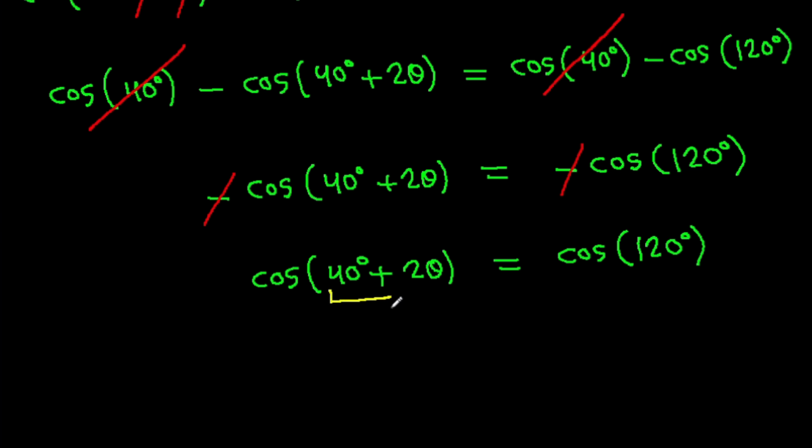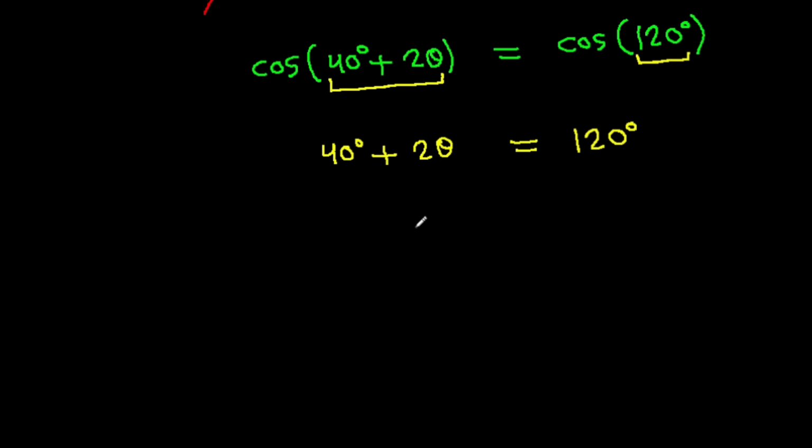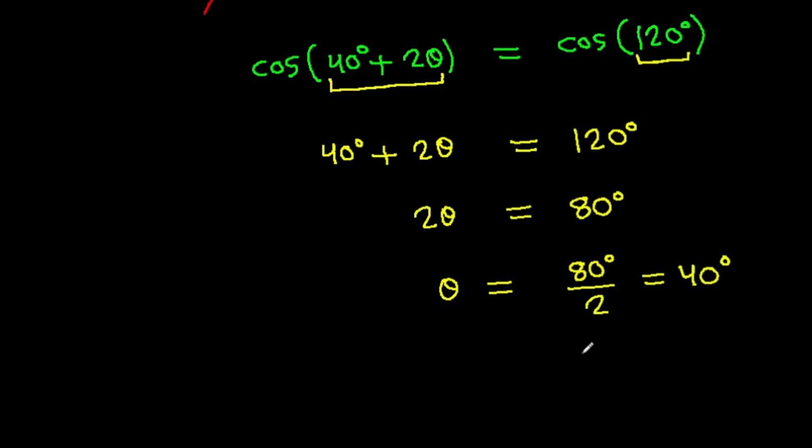So 40 degrees plus 2 theta will be 120 degrees, and 2 theta will be 80 degrees. So theta is 80 degrees over 2, that will be 40 degrees. So theta is 40 degrees.